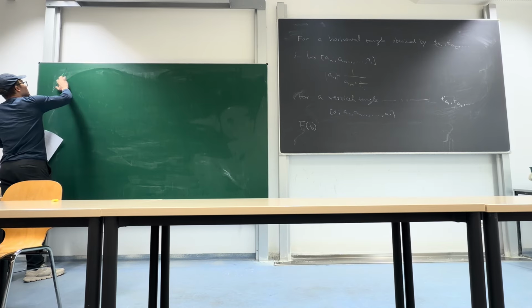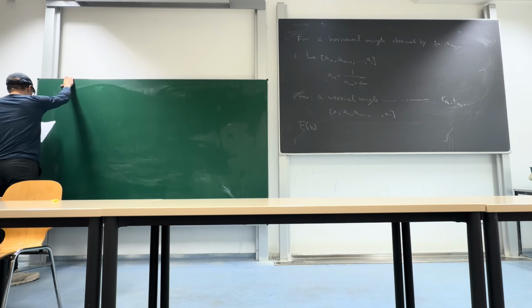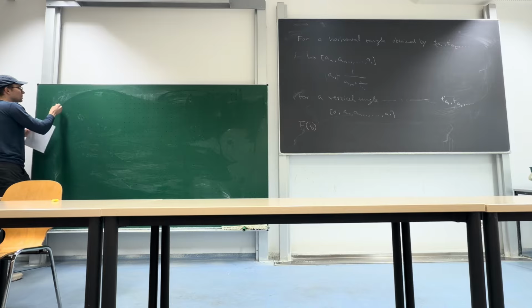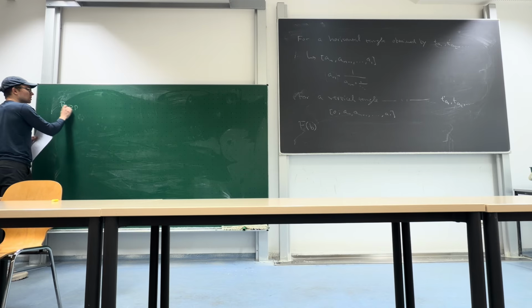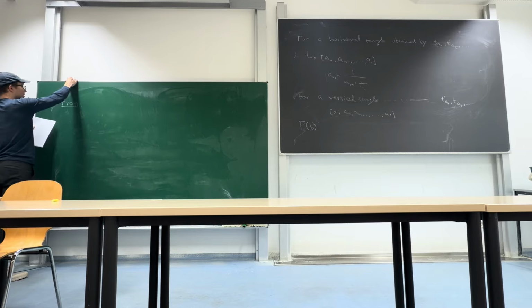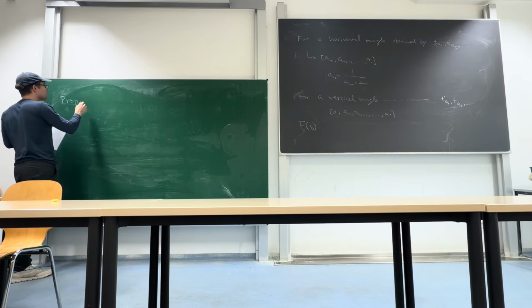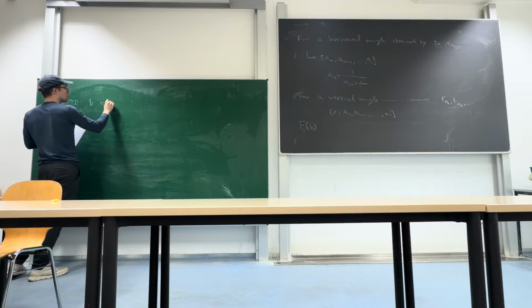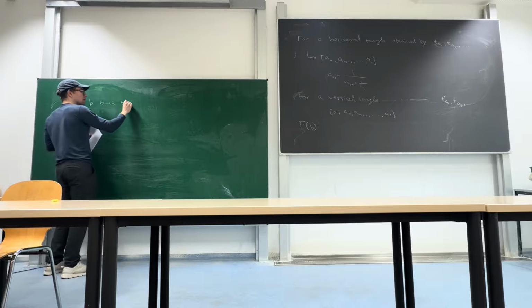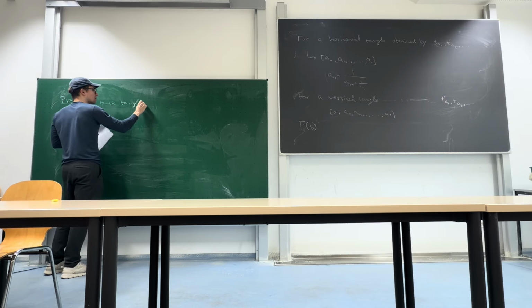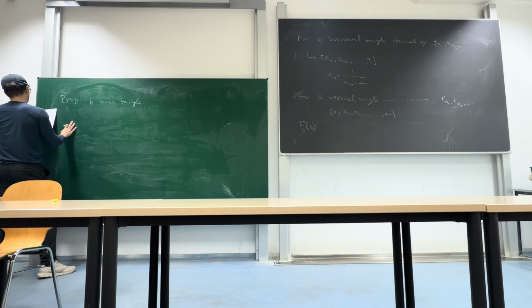These aren't so hard to prove, so it's a good exercise. It's basically just unwinding the definitions. So proposition. B is a basic tangle. And then we have the following.